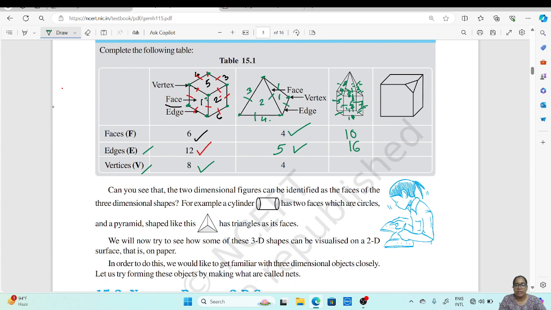And how many vertices? 1, 2, 3, 4, 5, 6, 7, 8, 9. So a total of 9 vertices. So this is how we are supposed to calculate the number of faces, edges and vertices in any given shape.